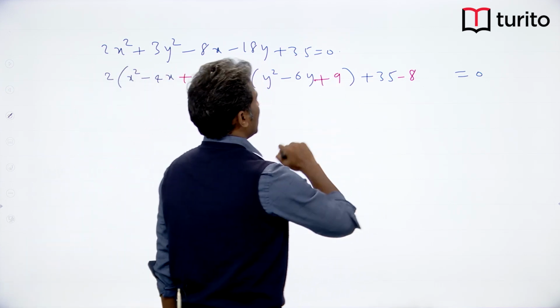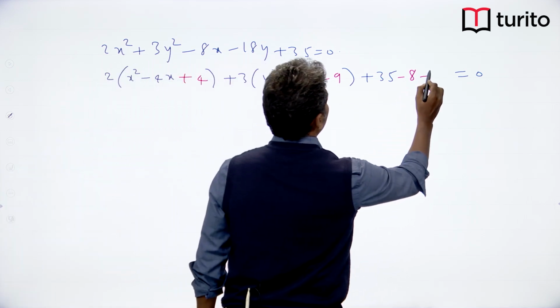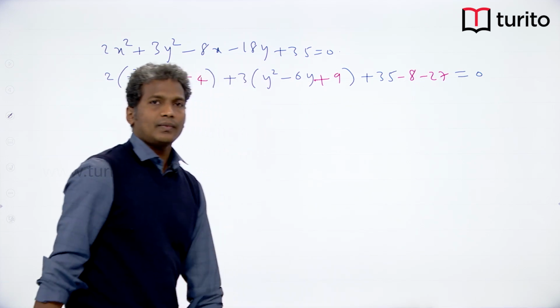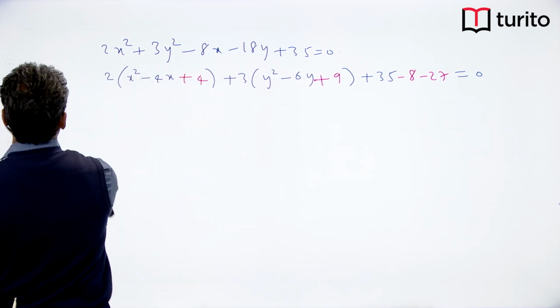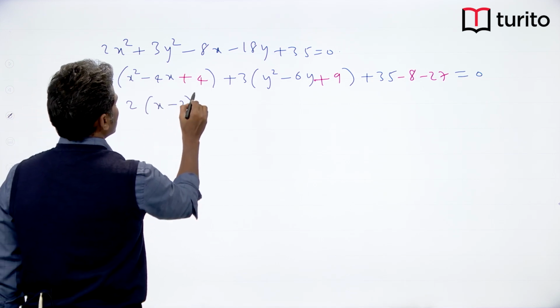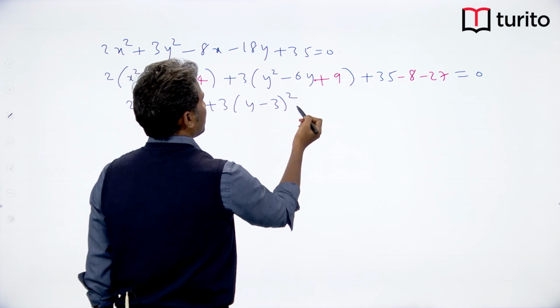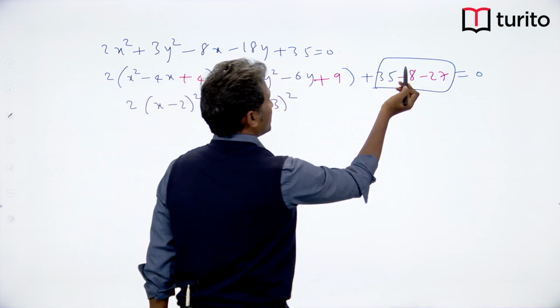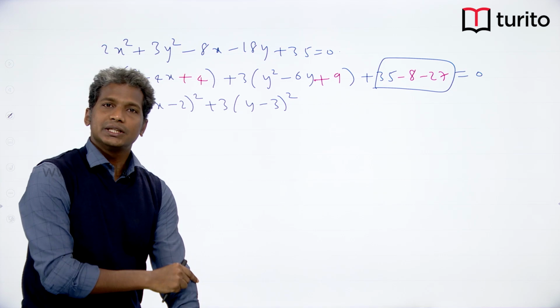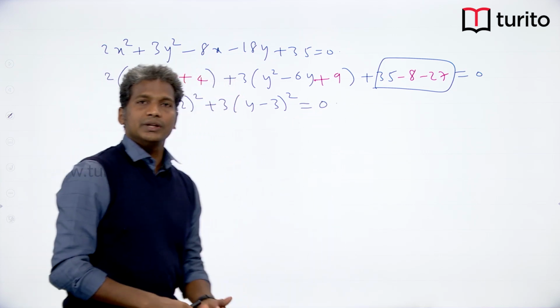So, if I add 9, how much do I have to balance? I have to balance minus 27 here. Now, if we simplify, what do we get here? 2 into x minus 2 whole square plus 3 into y minus 3 whole square, and here this term is coming out to be 0. So, we are getting equal to 0 here.